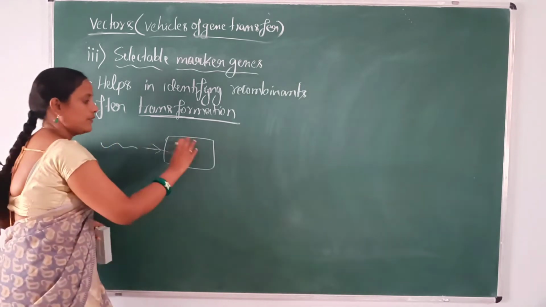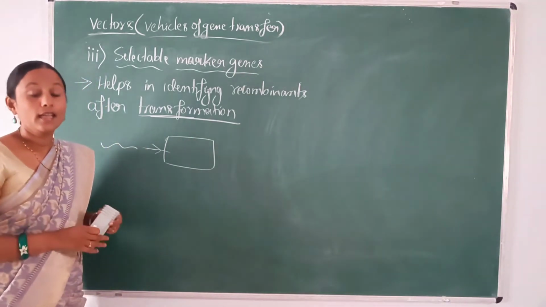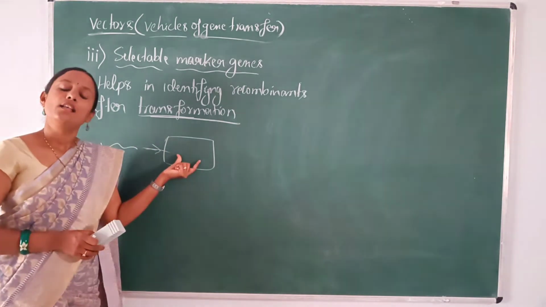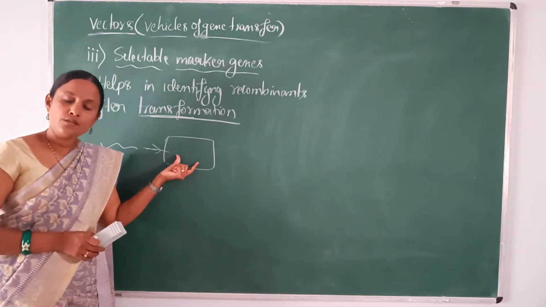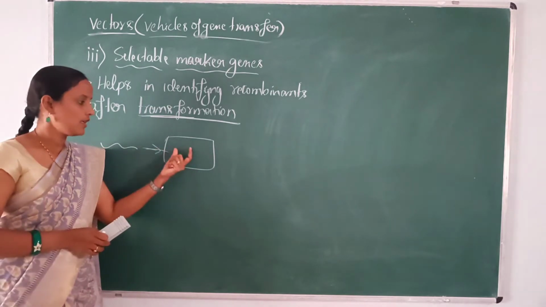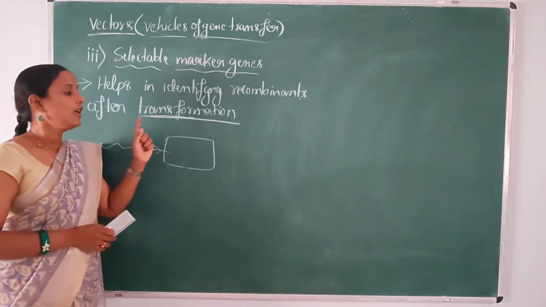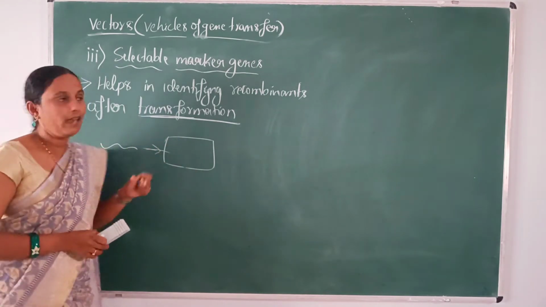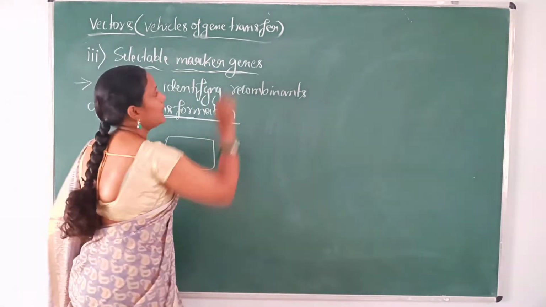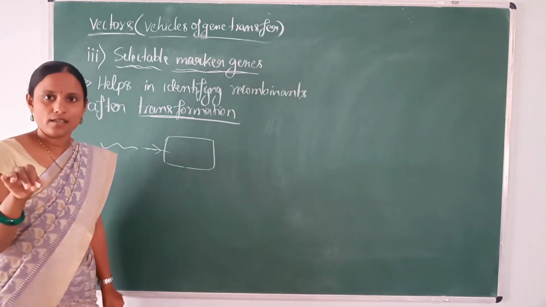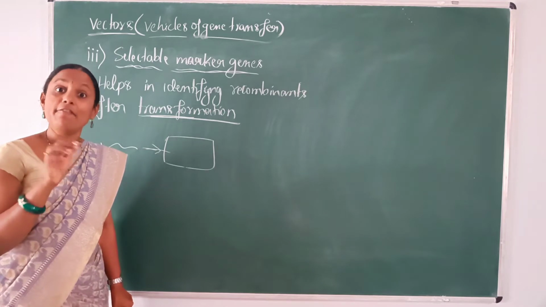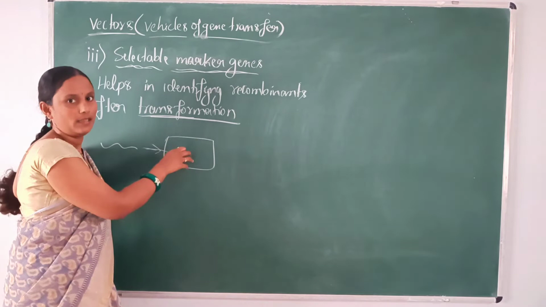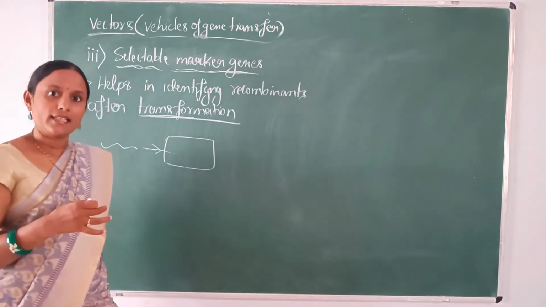After transferring the gene into the target host, here the cell is referred to as the host, whether the gene is successfully transferred into the cell or not, in order to identify that, we make use of selectable marker genes, and those selectable marker genes should be present in the vector we are using. It is not possible to insert them in the cell, so they should be present in a vector.